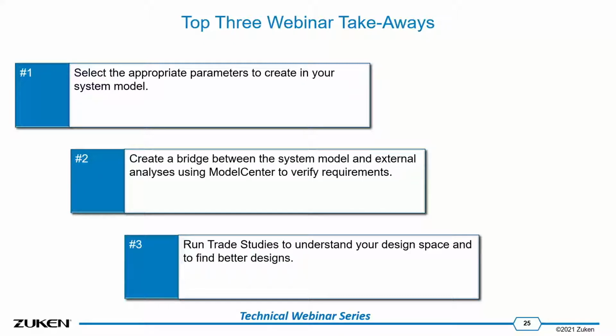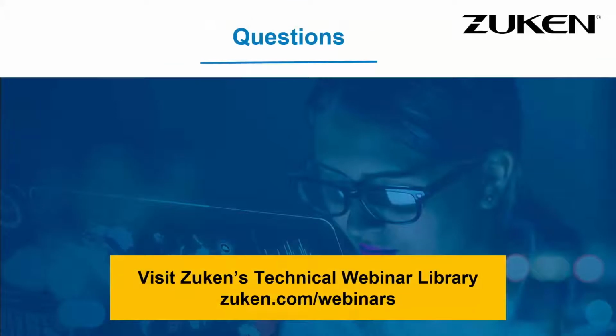Then on my side, I would like you to remember and to understand how to create a bridge between the system model and external analysis using Model Center to verify requirements. And the last point would be run trade studies to understand your design space and to find better designs. So I think that's all for me. I'm going to turn it over to Bob for the questions.